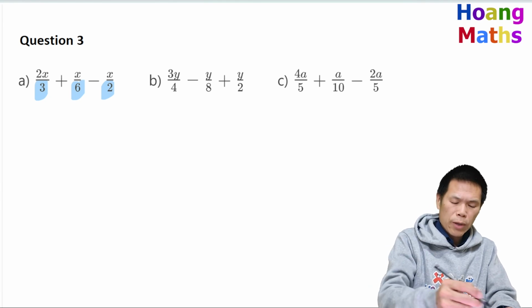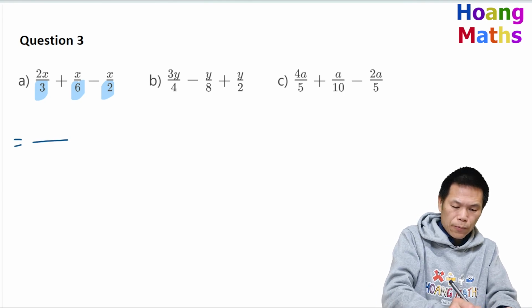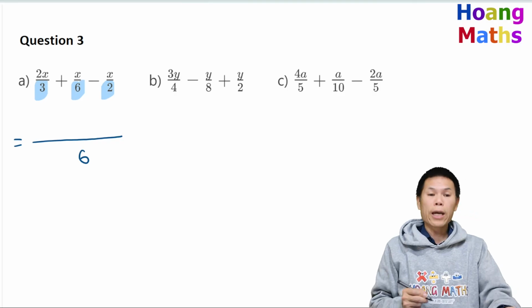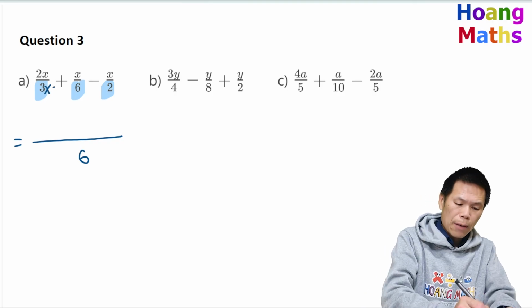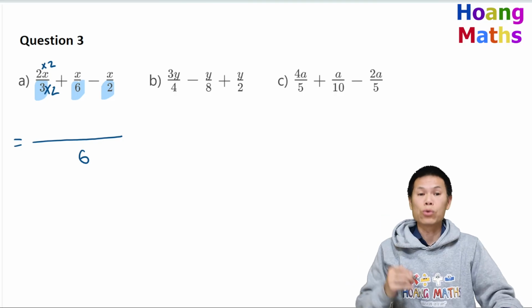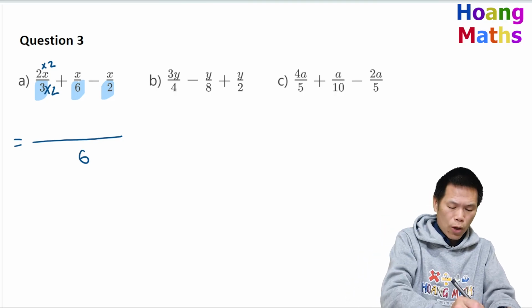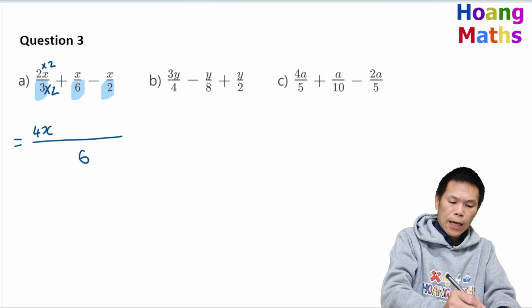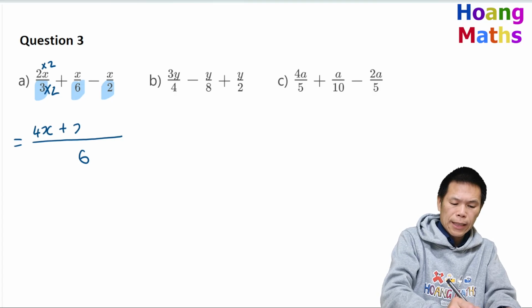So the denominator is 6. So to get 6 from 3, we times this by 2. So this times 2 as well. So 2x times 2. So 2 times 2 is 4. So 4x. And this 6 here, 6 to 6, we just times by 1.